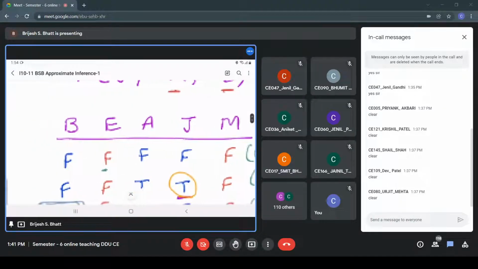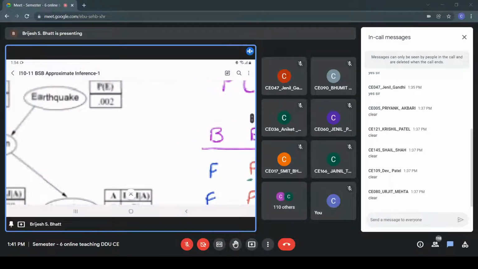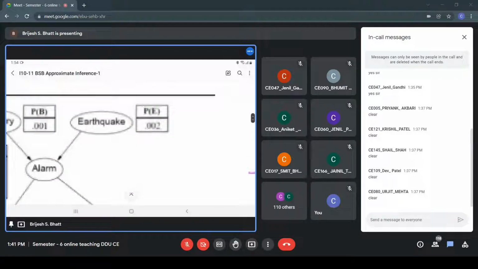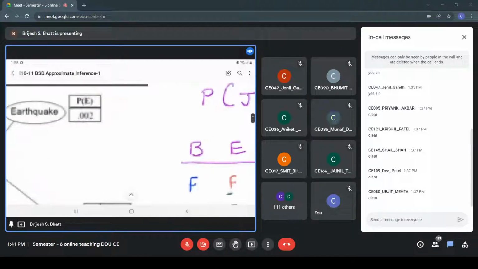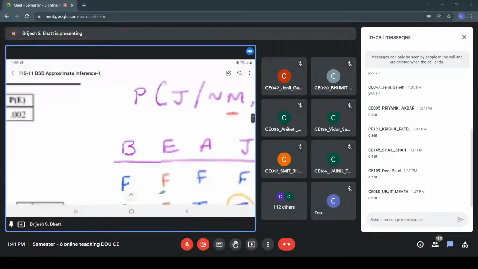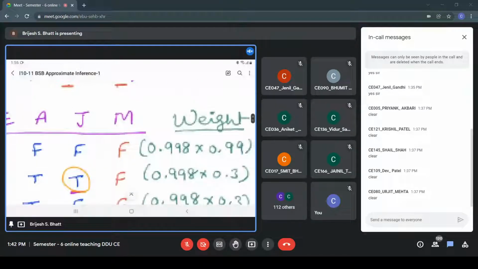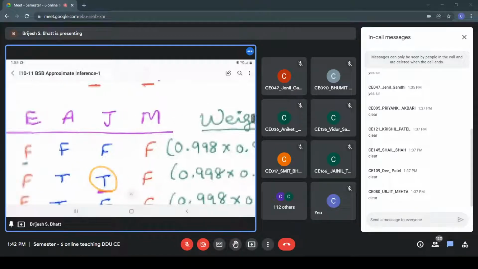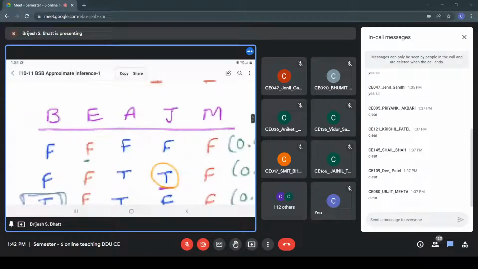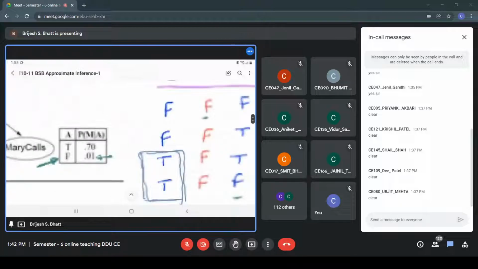And similarly, earthquake will be true with a probability of 0.002, so earthquake will be false with a probability of 0.998. And the second variable which we have frozen was Mary calls. So Mary calls will be false with a probability of 0.99 given that alarm is false.